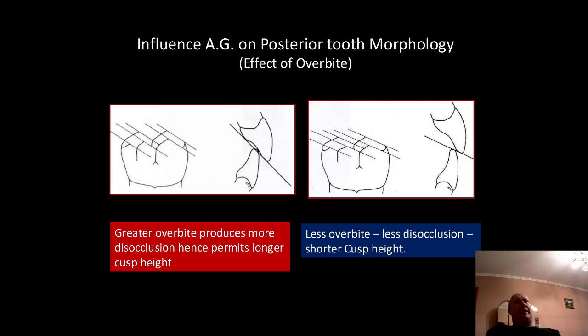Less overbite, less disocclusion, shorter cusp height. You see, if you have a big path this way, disocclusion will be more, and so you can have longer cusps. And if your path is less, there will be less room for disocclusion.